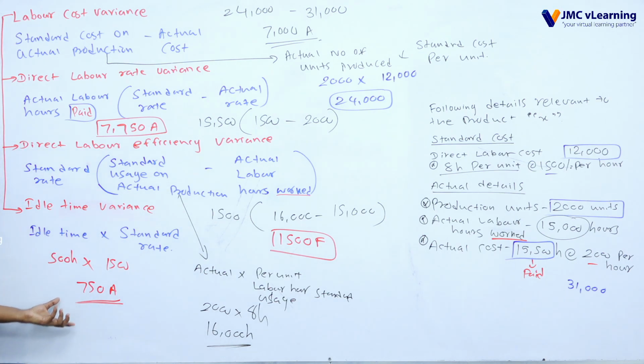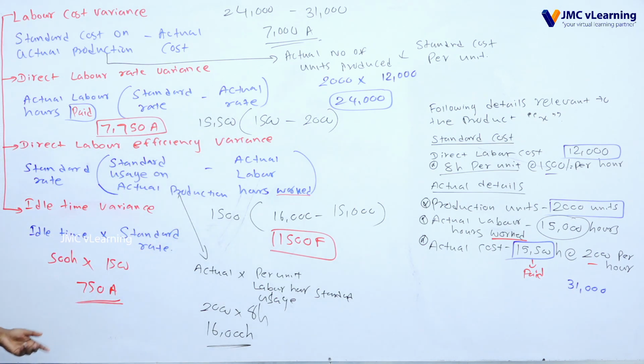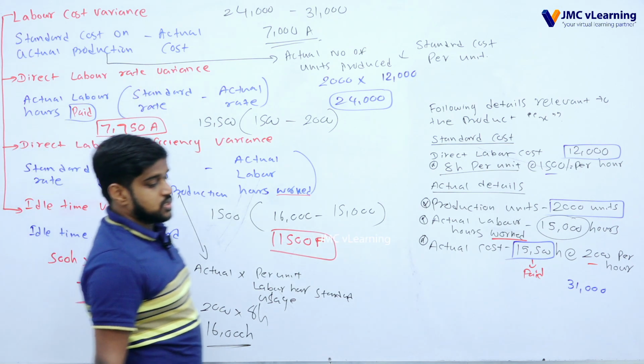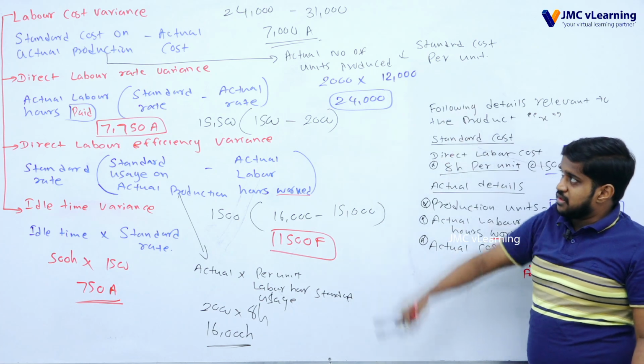Minus 7,750 plus 1,500 minus 750 is equal to 7,000.